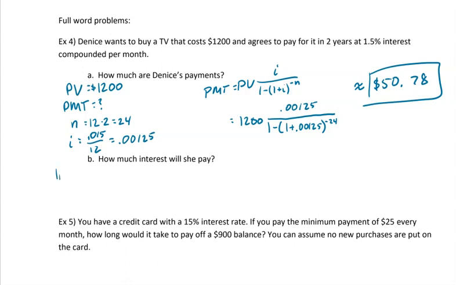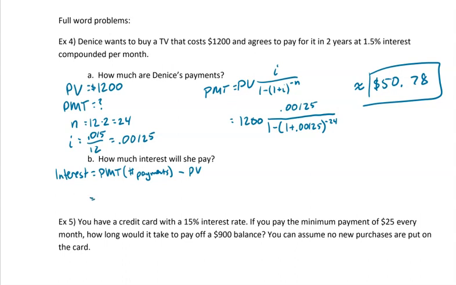For present value, interest is going to be our payment times the number of payments. That'll get us the total amount that you paid in minus the present value. That will say how much you paid in interest.